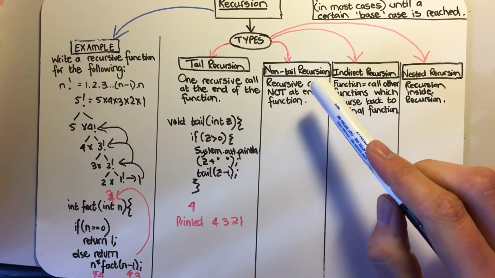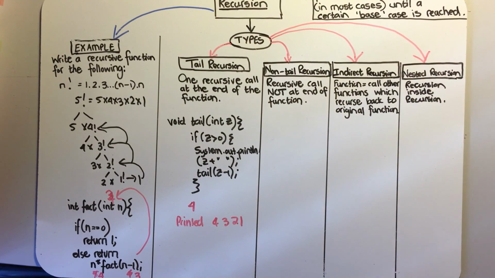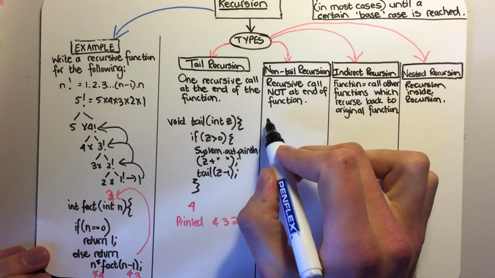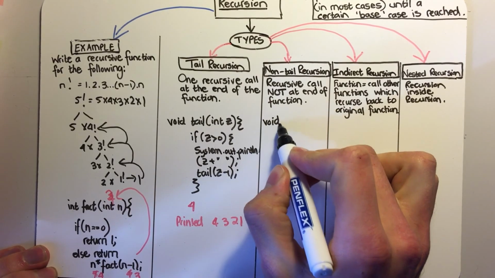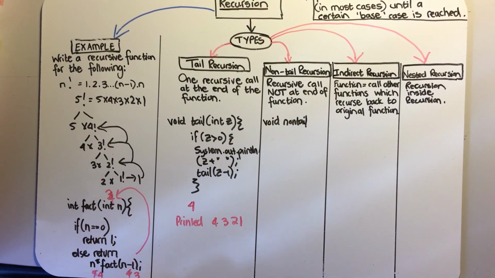Okay. Non-tail recursion is a recursive call not at the end of the function. So let's write an example of that. Void non-tail, because it's not tail recursion.